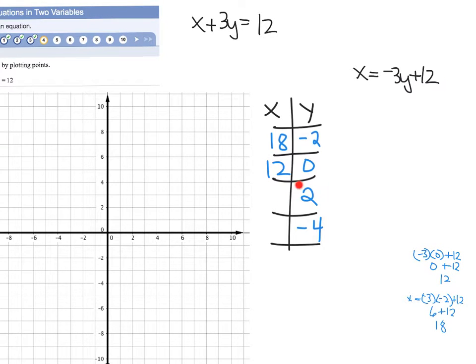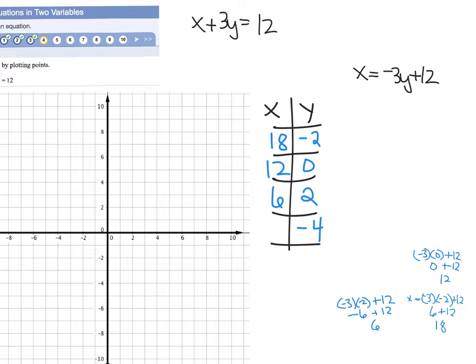Now we're going to do y is equal to 2. So when y is equal to 2, you get negative 3 times 2 plus 12. So that's negative 6 plus 12. That gives us 6. So that tells us x is 6 when y is 2. And I'm going to move this down here.